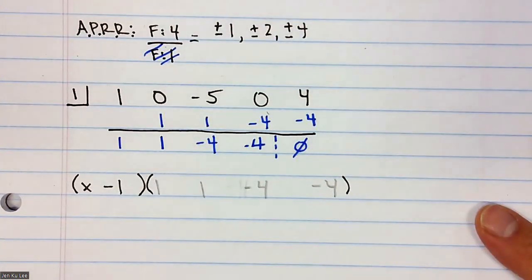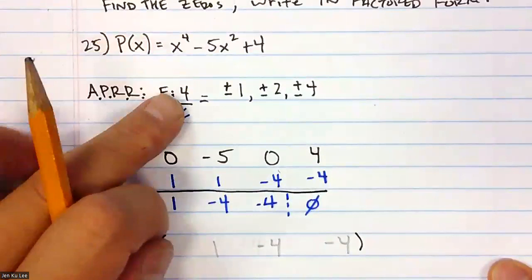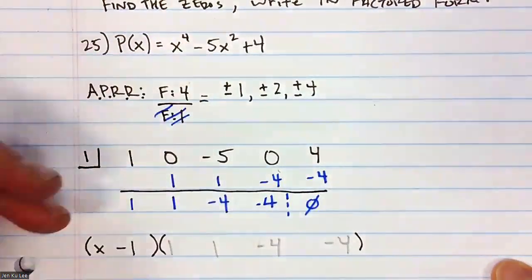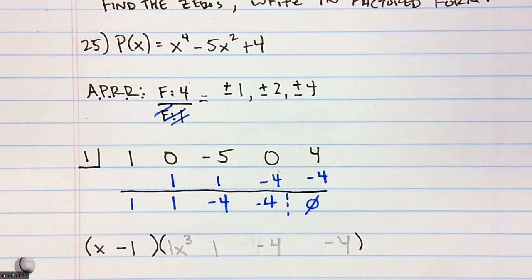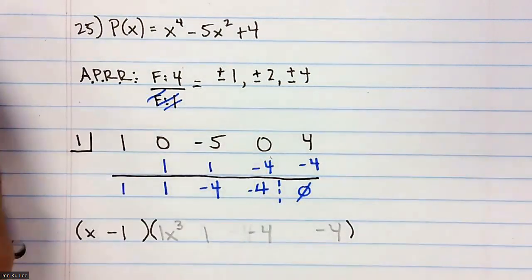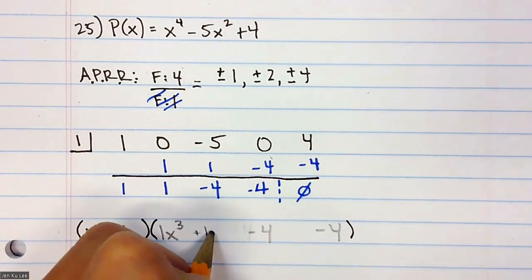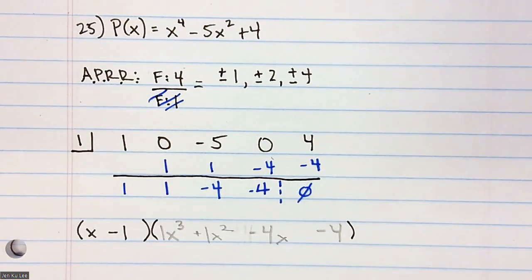Since this is x to the fourth, I just go 1 below that, x to the third. So I got 1x to the third, plus 1x squared, minus 4x, and then minus 4, right?